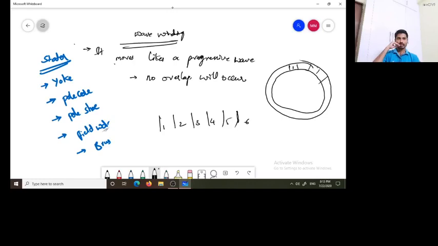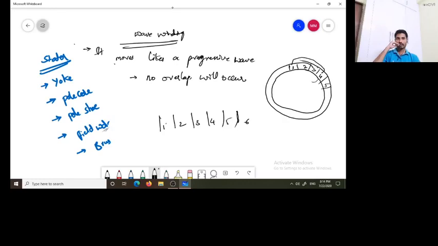In the first slot we are placing the first armature conductor, and the first slot is connected with the fourth slot.